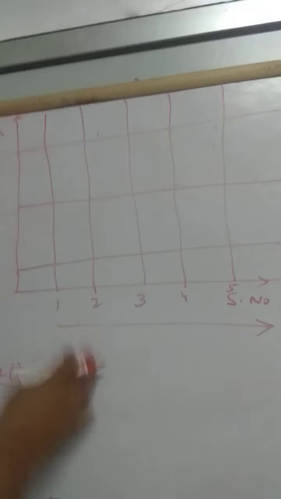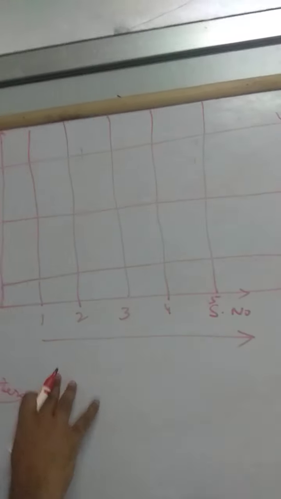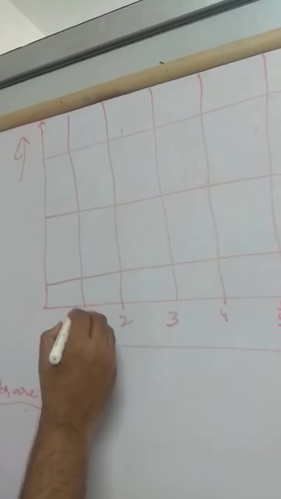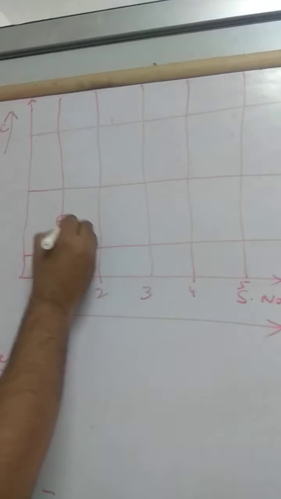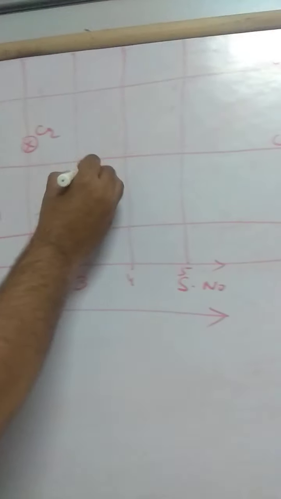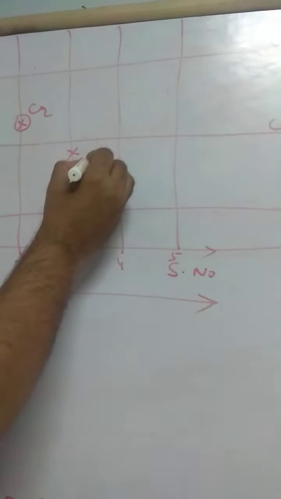And now the thing is very easy. We will put the values C1, C2, C3 against the sample number. For sample number 1, the value is C1. For sample number 2, the value is C2. For sample number 3, the value is C3.